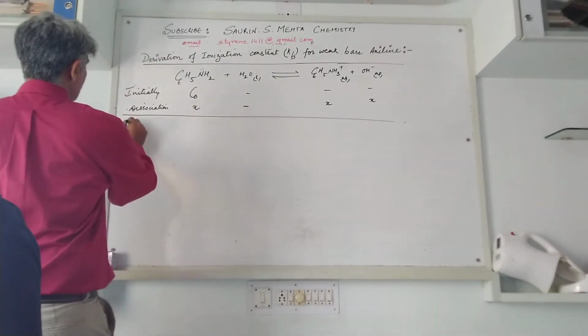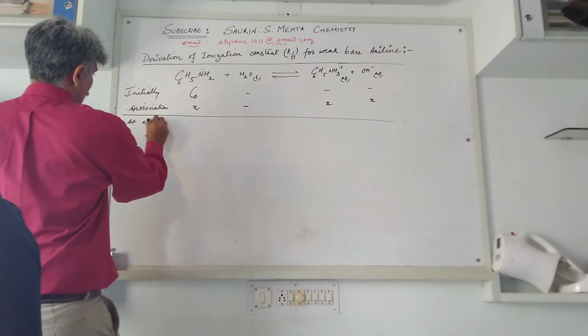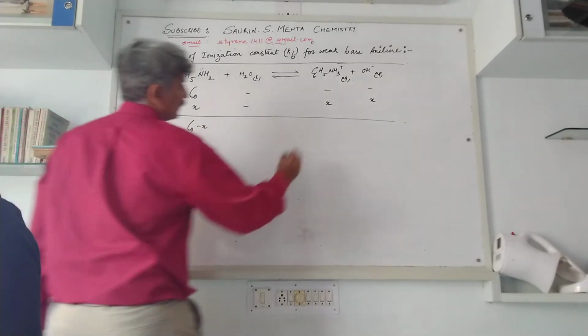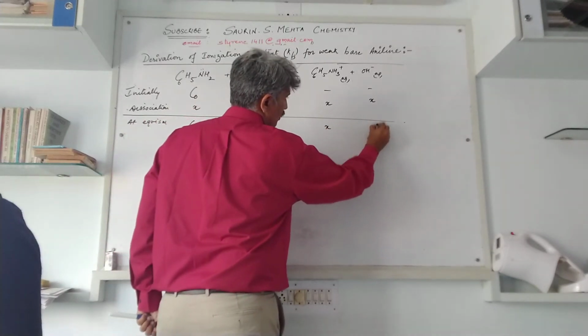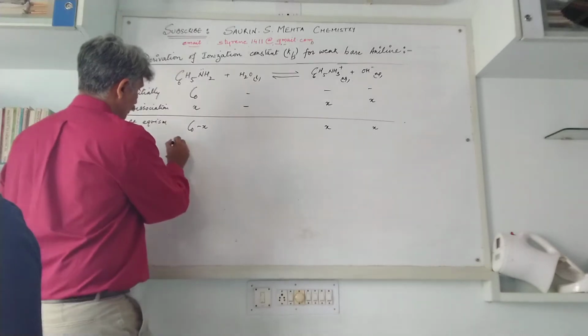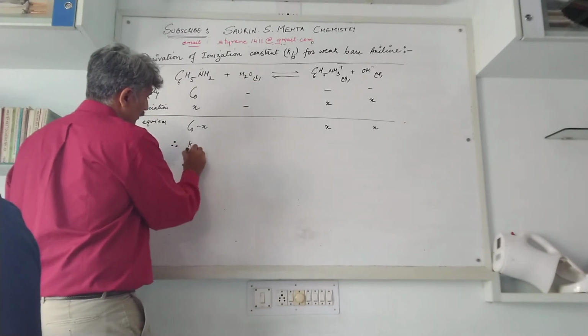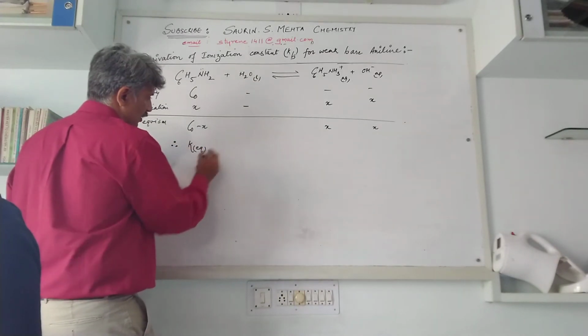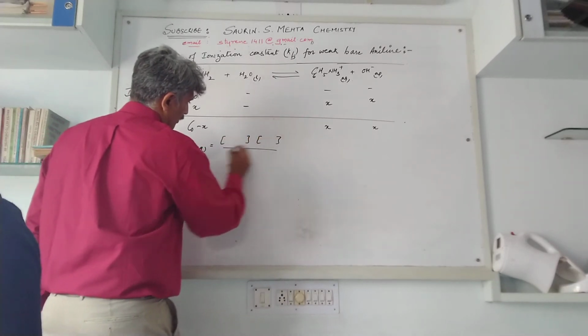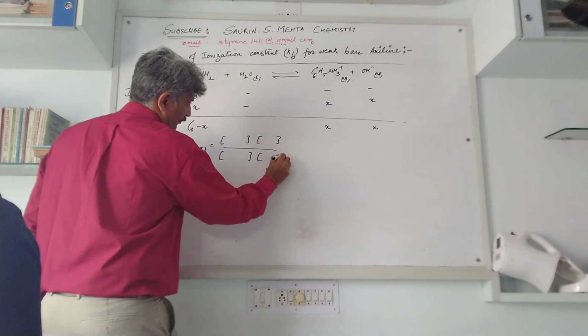Now at equilibrium we will have C0 minus X, X, and X. So this is what we get at the equilibrium state. Therefore, the equilibrium constant can be derived as Keq equal to the concentration of products to that of reactants.